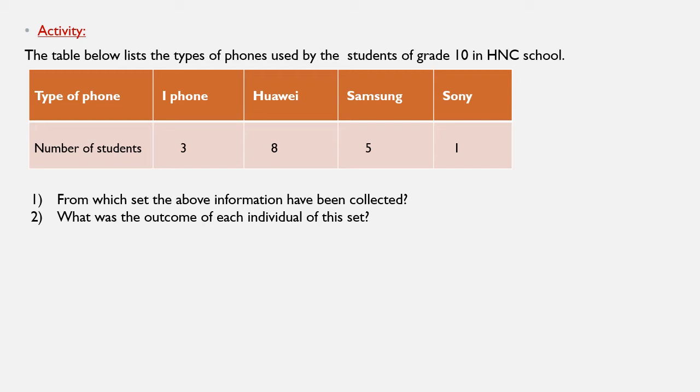The outcome, in statistics, we call the variable. And as you notice here, the values of the variable, which are iPhone, Huawei, Samsung, and Sony, are characters. For this, we call this variable a qualitative variable.